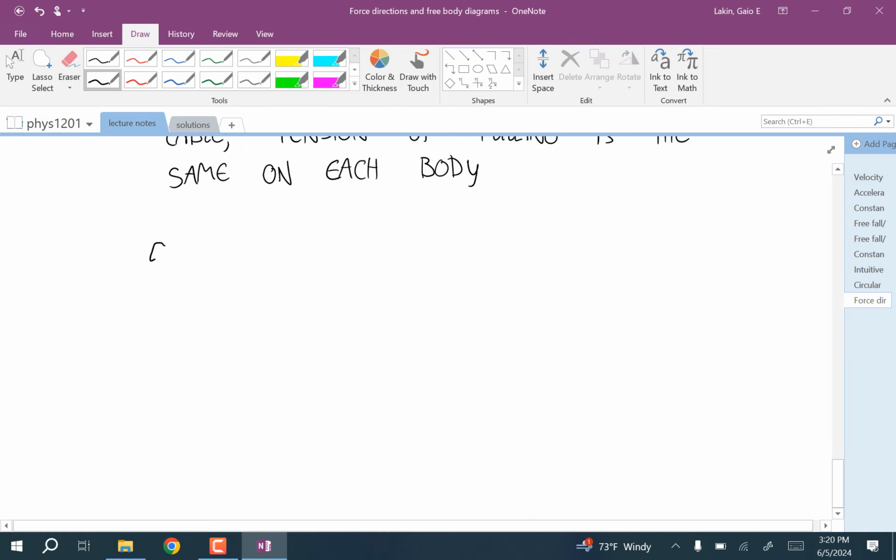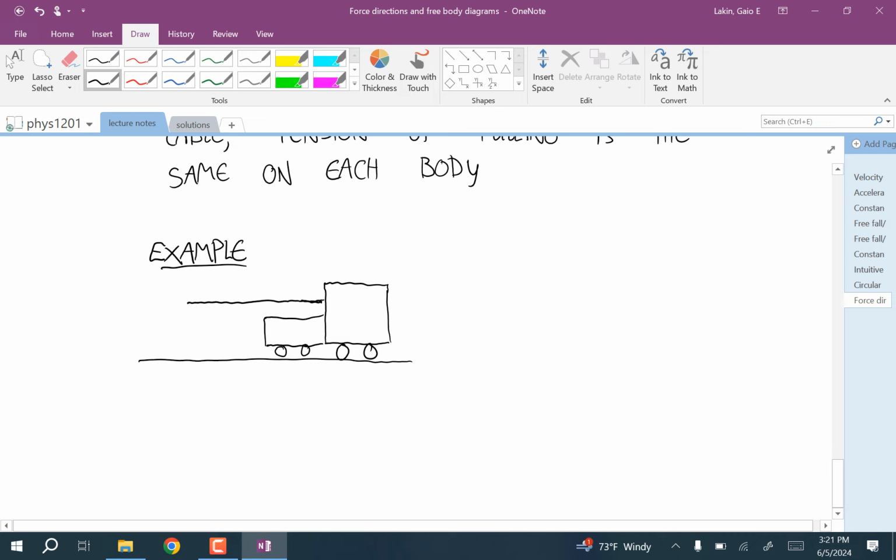Okay, let me do another example, get a few of these things in here. So let's say that we have a horizontal surface and a cart like this, and it's in contact with a second cart like this, and then this cart is connected by a cable to this one.